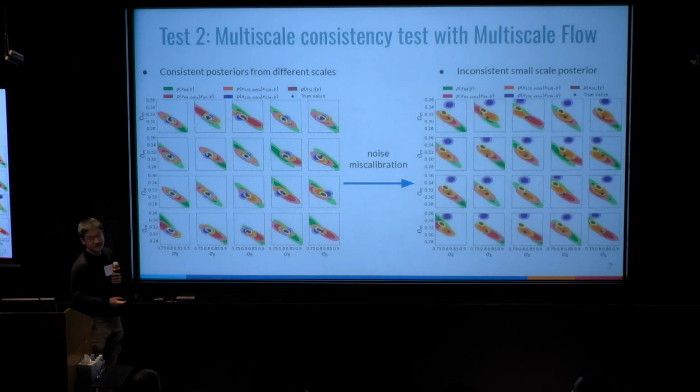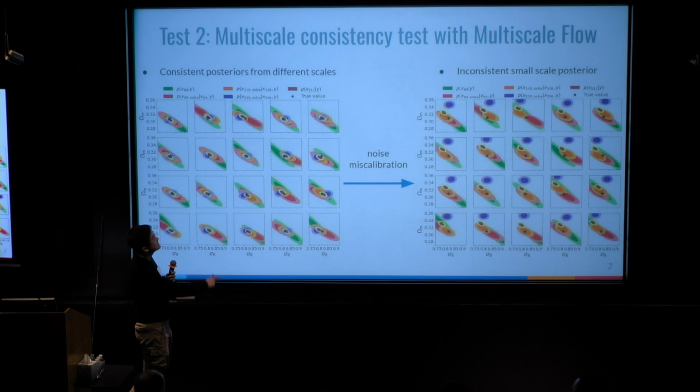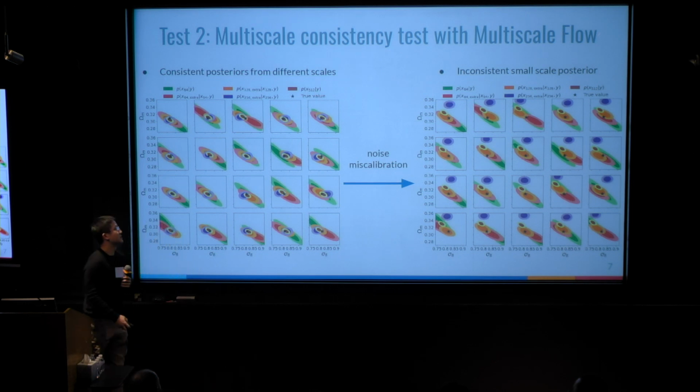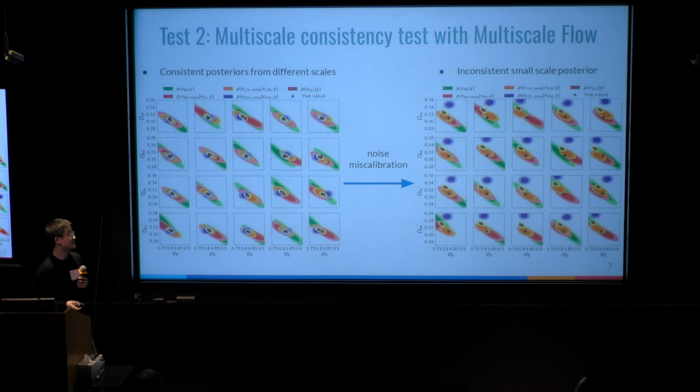This is just a demonstration on some mock lensing maps. You can see that when we have this kind of noise miscalibration, one of the scales is completely biased, because our noise here is white noise, so it's dominated at small scales, and the large scales are less affected.